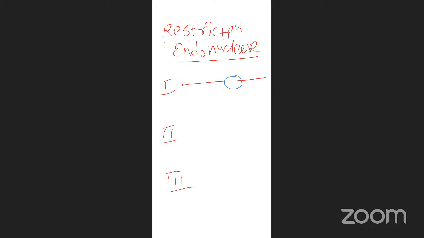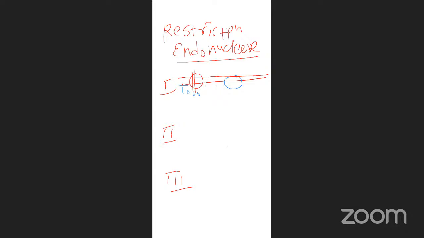From the recognition site, say 1000 base pairs away, counting 100, 200, 300, 500, at the 1000 base pair position cleavage occurs.